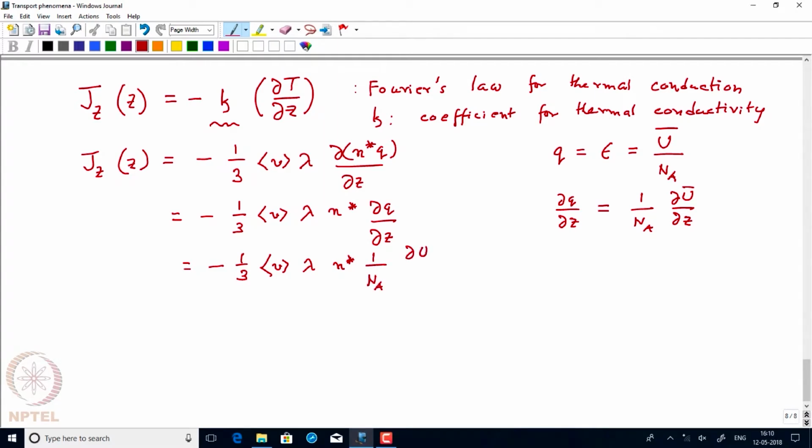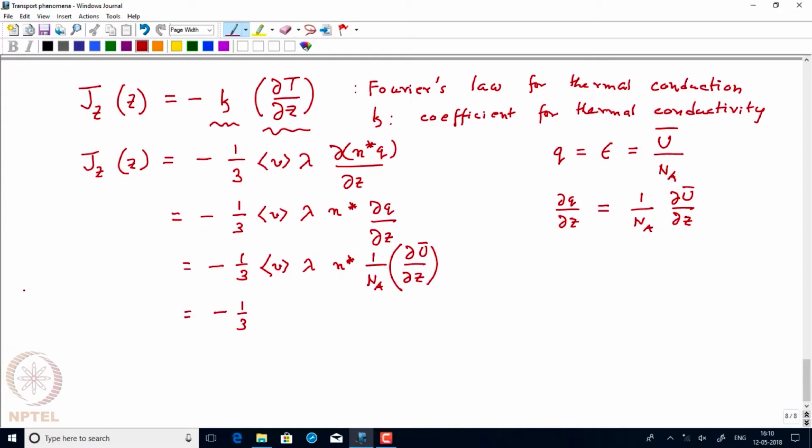We can write del U average del Z, but in the original definition of Fourier's law we have del T del Z. So we have now del U del Z, and we can easily convert it. So we'll take del U del T. We can write the differential like this.